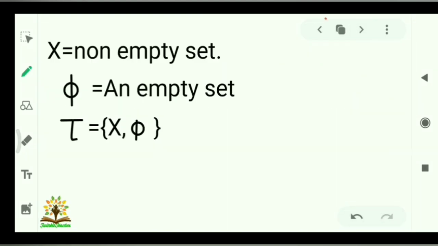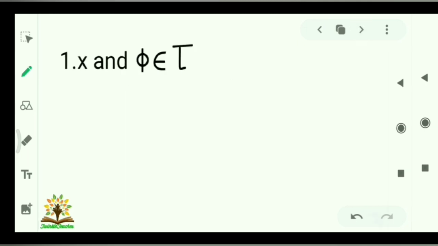X is a non-empty set and phi is the empty set. Together they form a topology known as indiscrete topological space. Here, the first property is clearly verified, that X and phi both belong to tau. The next property says that intersection of a finite number of members of tau belongs to tau. Here are only two members.